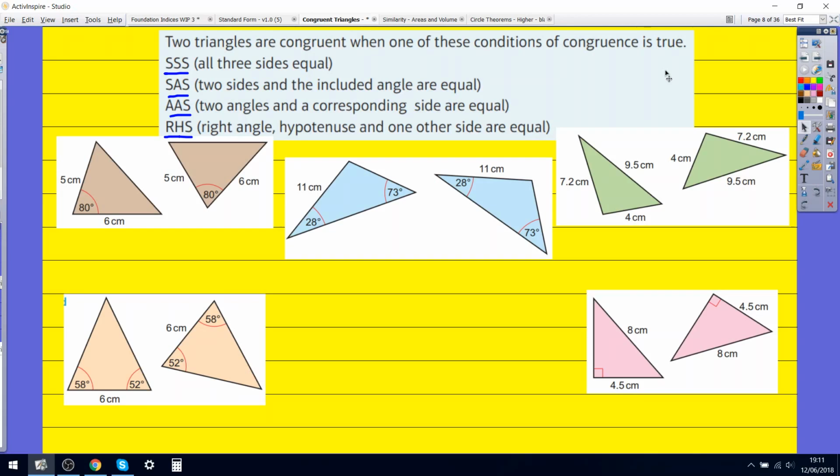And there are ways to prove that two triangles are congruent. So you have this first triangle, ABC, and then you have to say which other triangles are congruent to it.